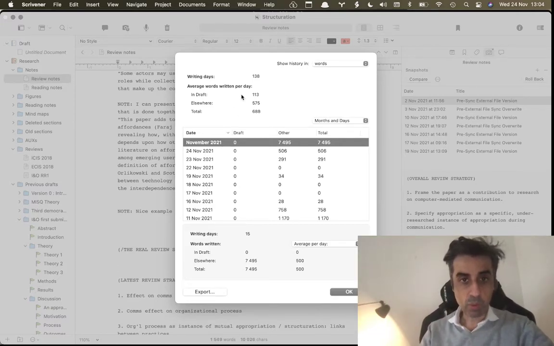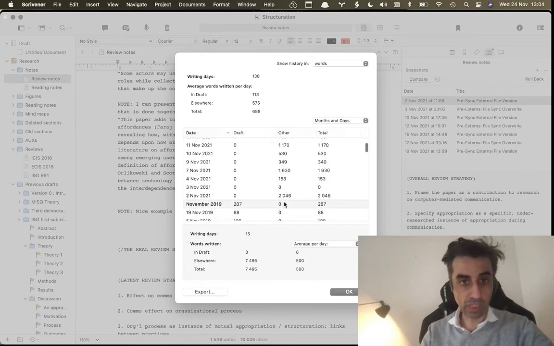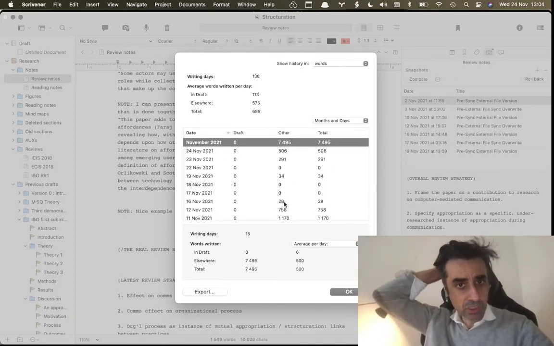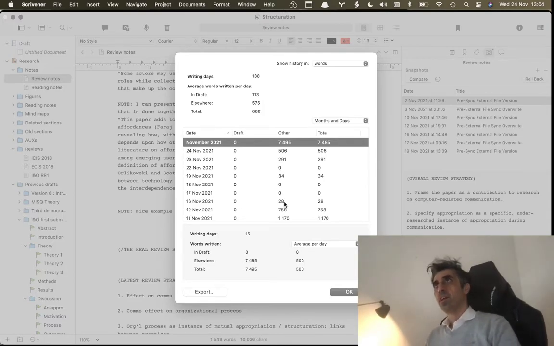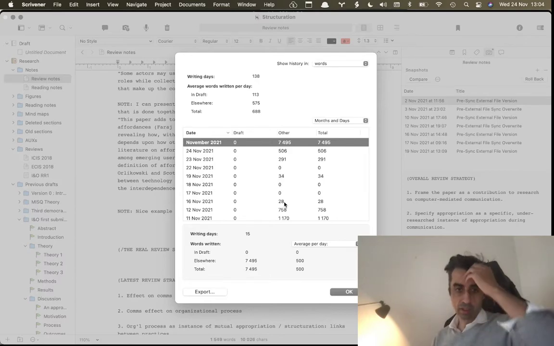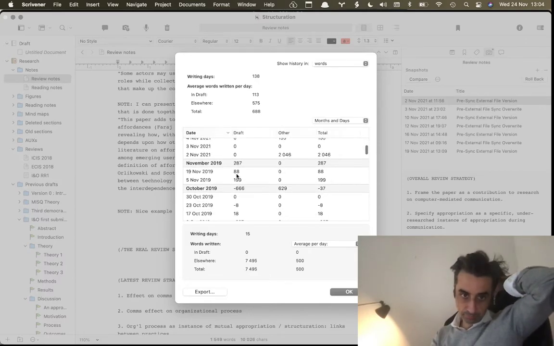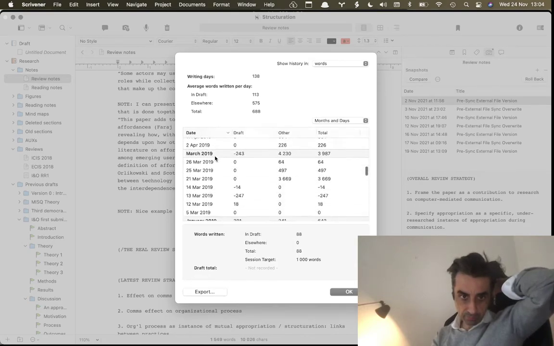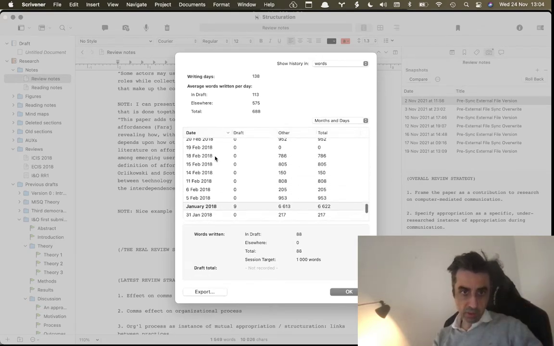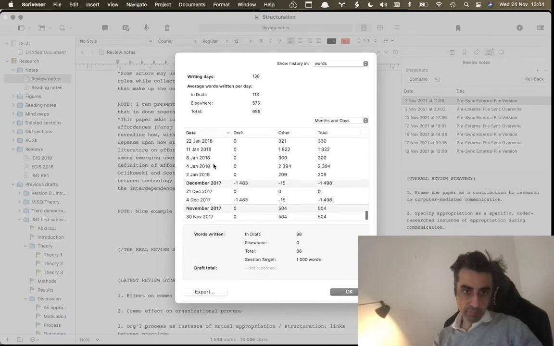So I've had 138 days on this project, and this for me is interesting because if you think about how many articles you can pull out in a year, if I go to when I submitted it, I'm basically looking at, oops, it doesn't click.